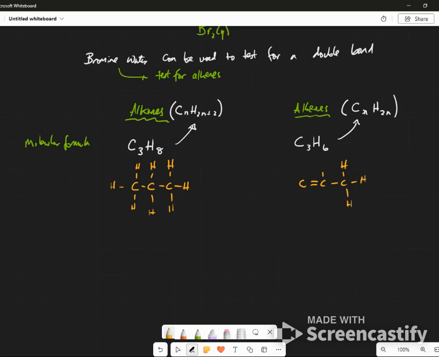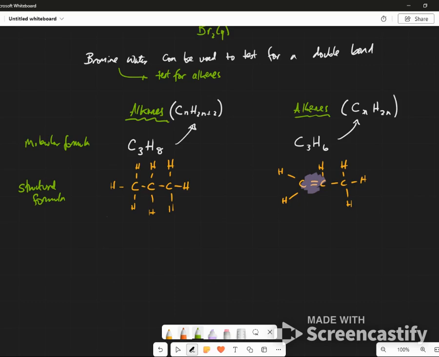As you can see, one's got a double bond. So you can tell them apart by their structural formula, as well as by their molecular formula.